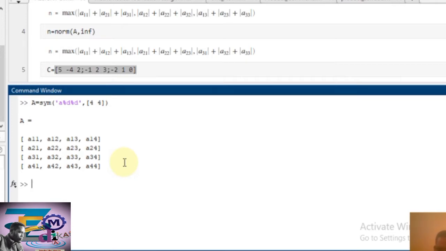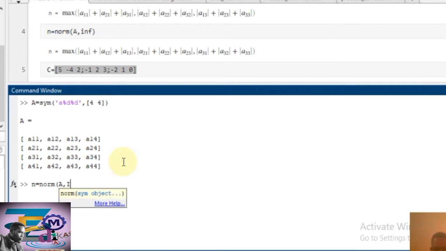So the infinity norm of this A matrix, let's say n is equivalent to norm of A, comma, infinity, which is inf.